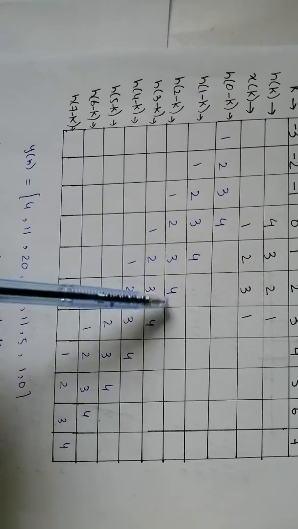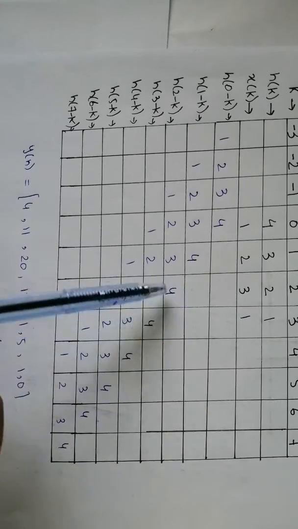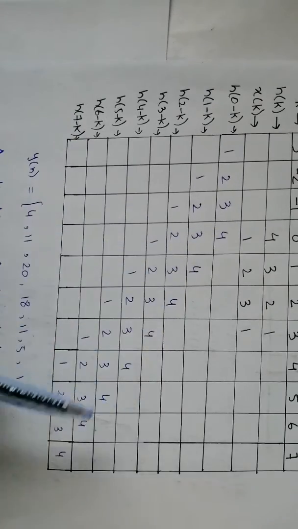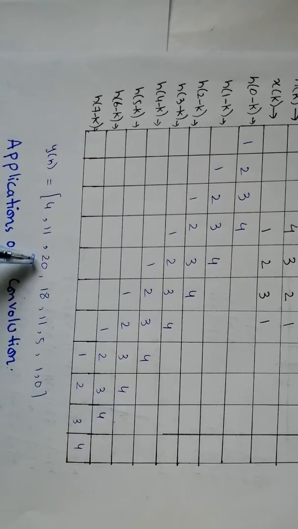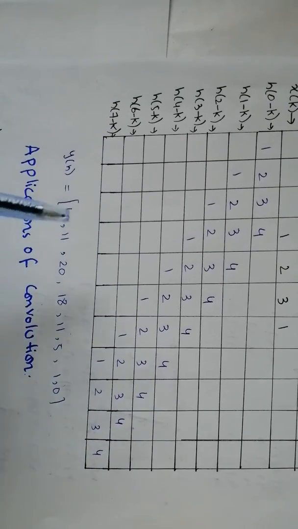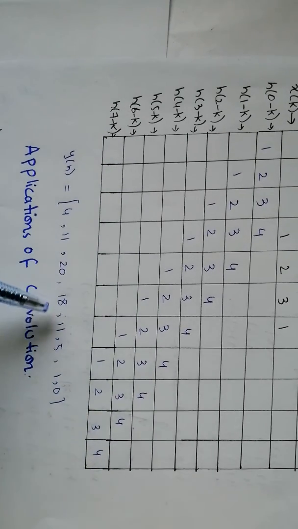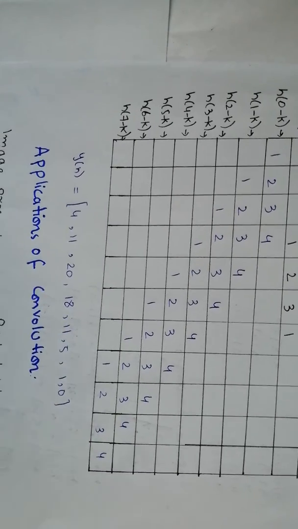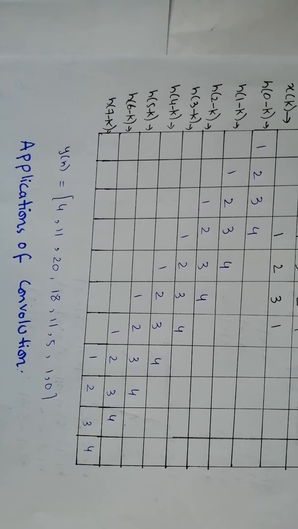Again we'll do this procedure, multiply them and add their answers together, and we get 20. Everything will proceed the same way, and y of n is equal to 4 11 20 18 11 5 and 1 0. So comparatively, that's an easy method of convolution to find the output of the system.